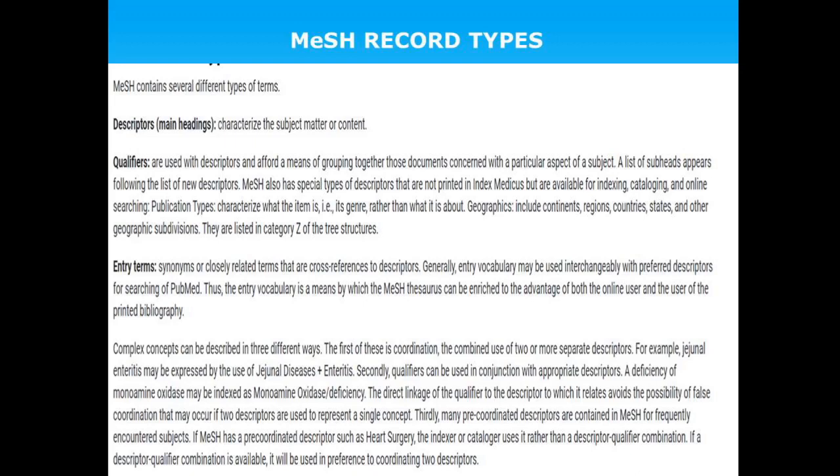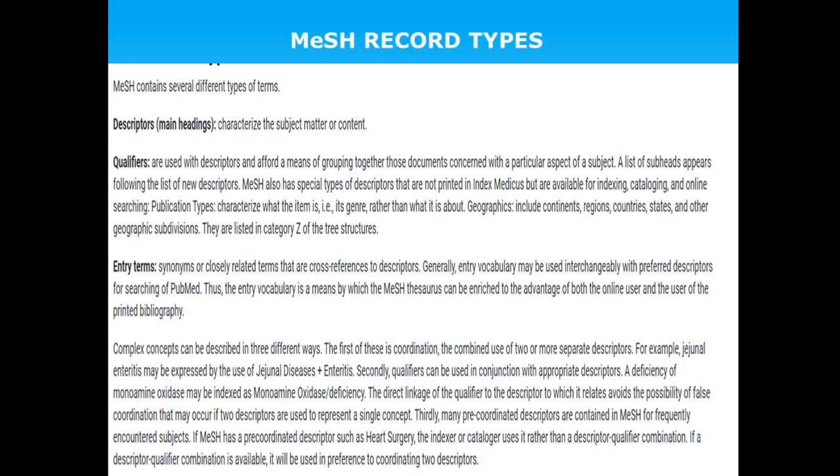Sometimes they might not represent the concept, though they are descriptors. If you are combining two different wrong descriptors, it might not work effectively. That will result in false coordination. So there will be a descriptor and there is a linkage with subheadings. That is the second item. The first one is linking two descriptors, that is two main headings, properly. Second is there is a main heading and there is a linkage with a subheading.